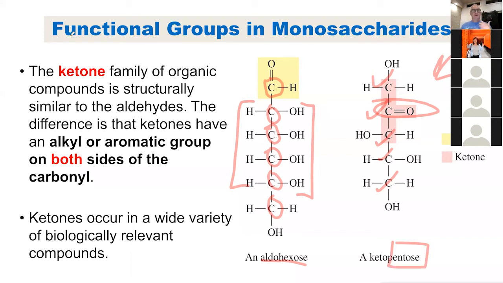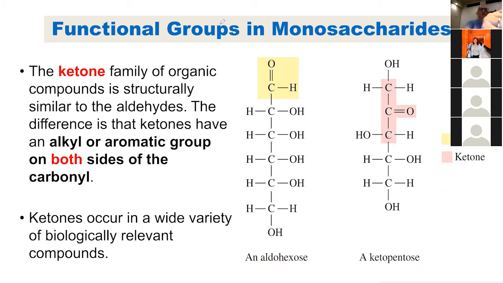So the difference between them is just where the carbonyl group is. On an aldose, it's on the first carbon, and on a ketose, it's on the second one. That's the only difference. The rest of the molecule is put together exactly the same way.